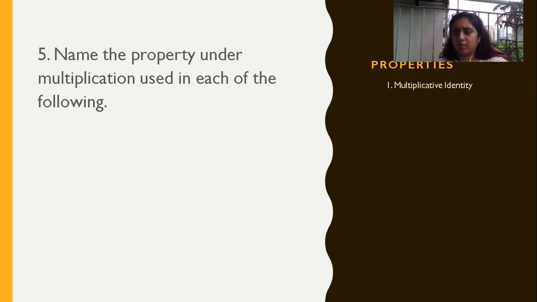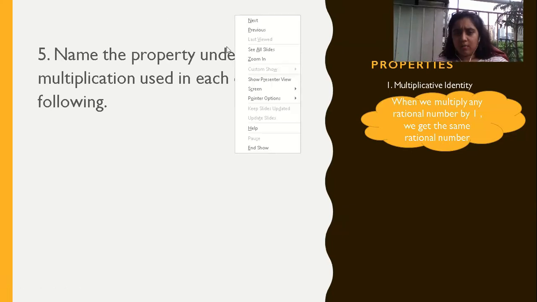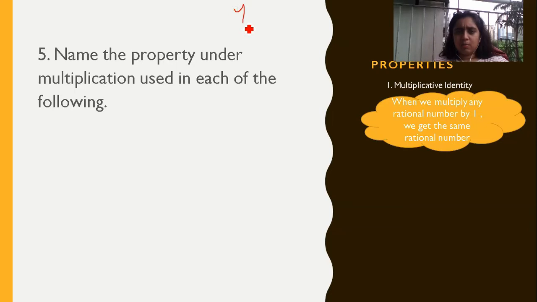So our first property is multiplicative identity. Multiplicative identity means when we multiply any rational number by 1, we will get the same rational number. For example, suppose we have a rational number 4 upon 5. If we multiply 4 upon 5 by 1, we will get the same rational number, that is 4 upon 5.